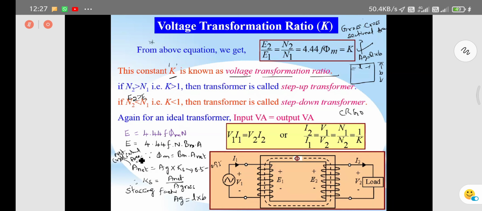What is the difference between the gross cross-sectional area and the net cross-sectional area?